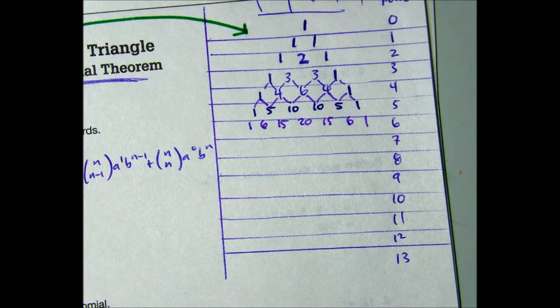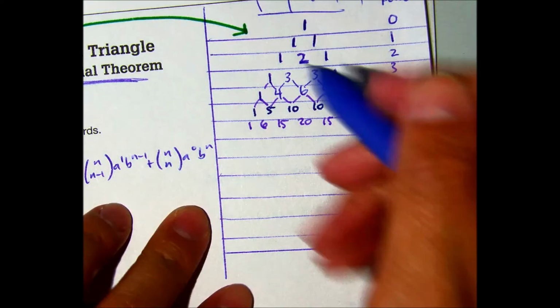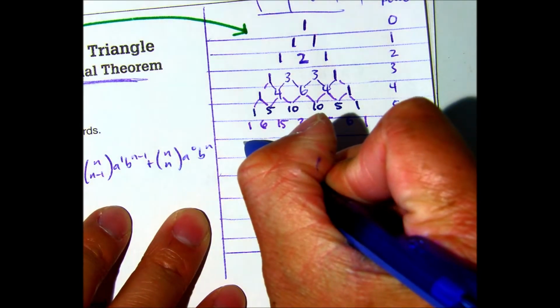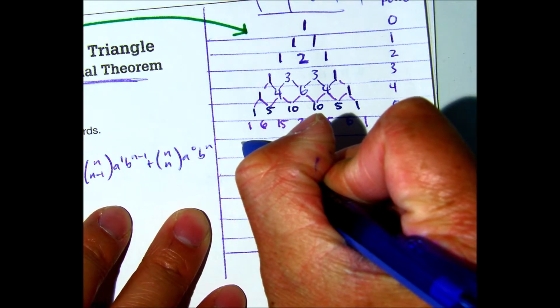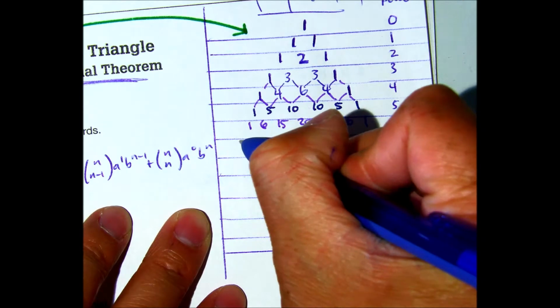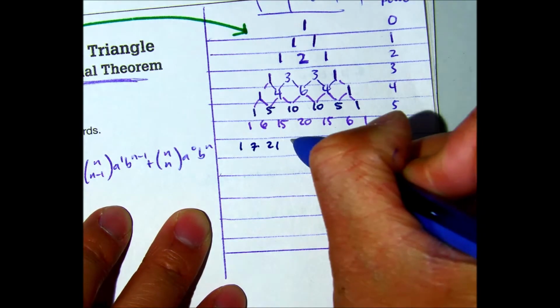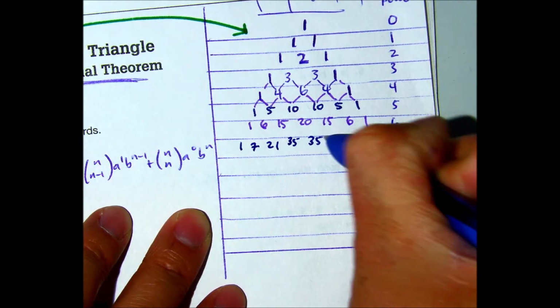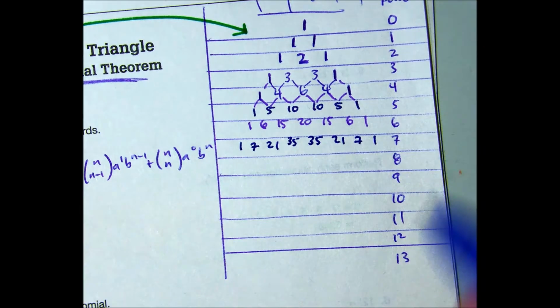John R. So, 1, 7, 21, 35, 35, 21, 7, 1. Good job.